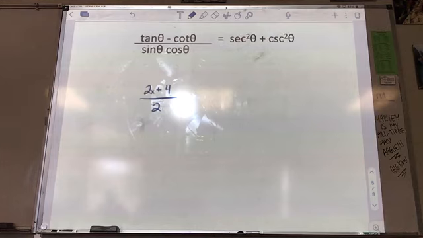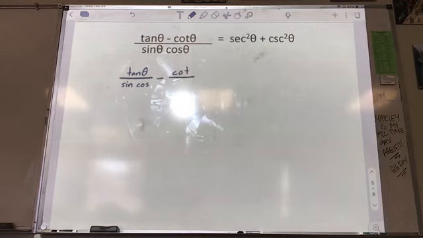X plus 2. You put a 2 underneath each piece and then simplify. So what I'm going to do here is break this up and put sine cosine underneath each piece. So tangent theta over sine cosine minus cotangent theta over sine cosine.